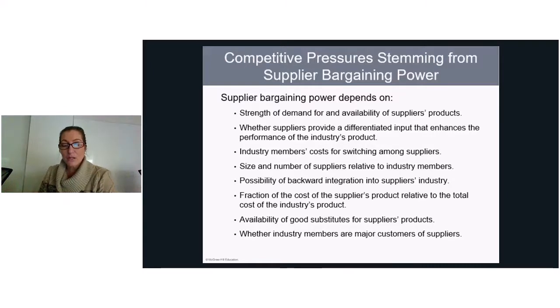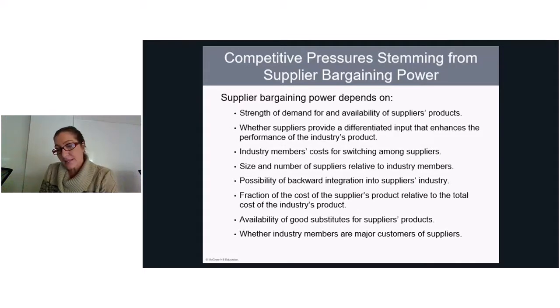So relative to the number of current competing organisations, if there are a lot of suppliers, then any single one of those suppliers does not have a high bargaining power.